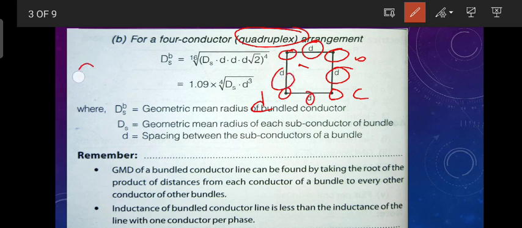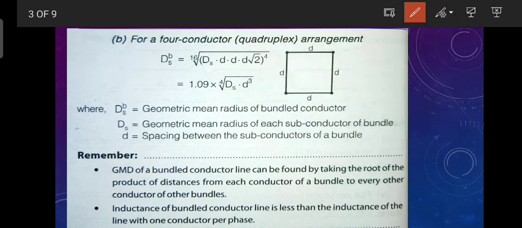So the geometric mean radius DSB is equal to the 16th root of Ds into spacing d, spacing d, and then spacing d into root 2. Why are we taking root 2? Because of this corner point, all to the power 4. By simplifying this, we get 1.09 into the fourth root of Ds into d cubed.